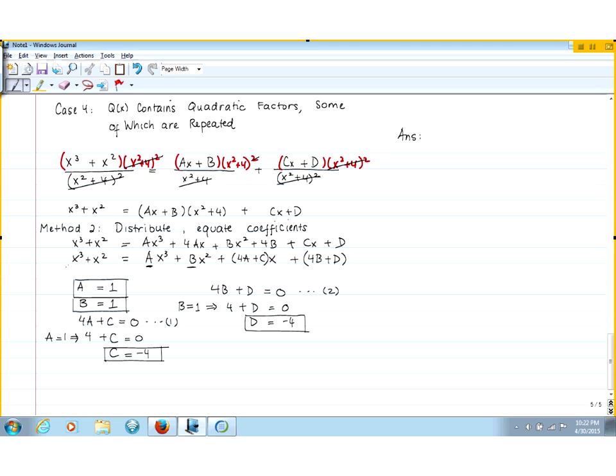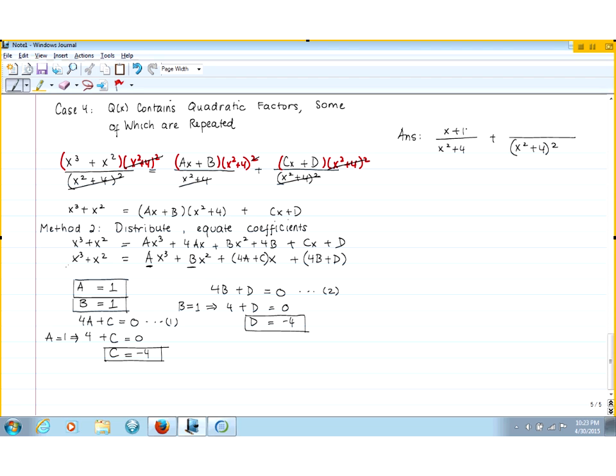Now we could write our answers here. So the answer would be, okay, well, what's on the bottom here? x squared plus 4, so ax plus b over x squared plus 4. And then the other one is x squared plus 4 squared. So what is ax plus b? This is 1x plus 1. So it's just x plus 1.